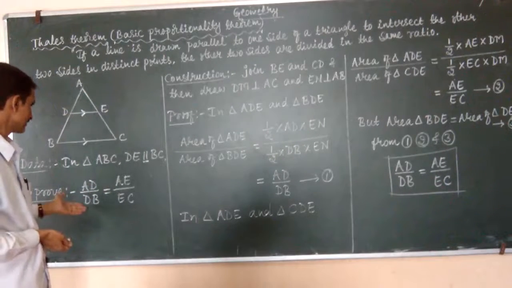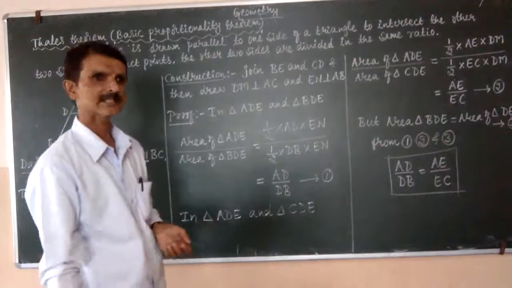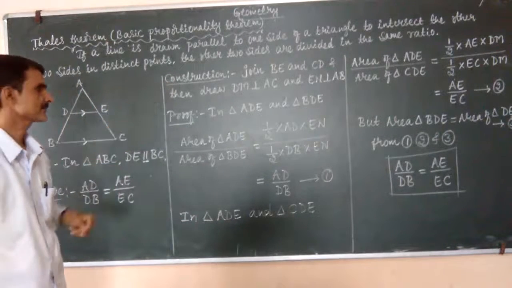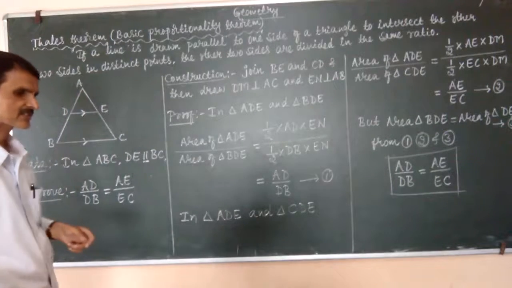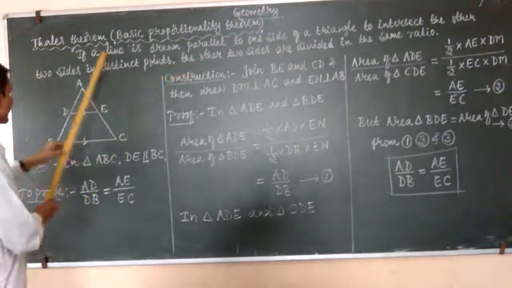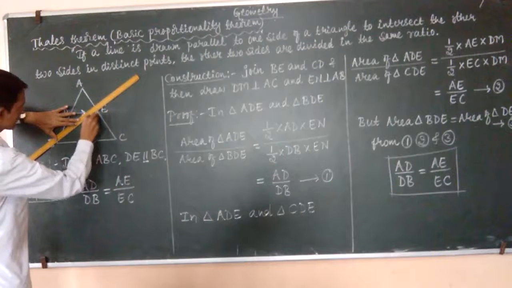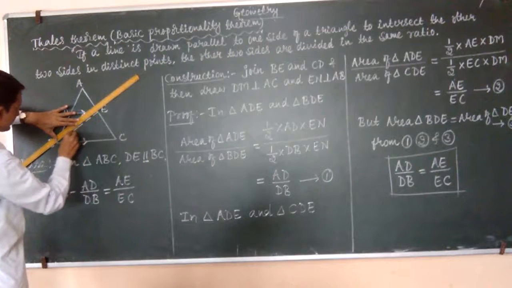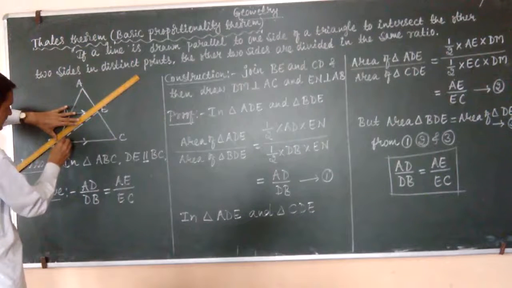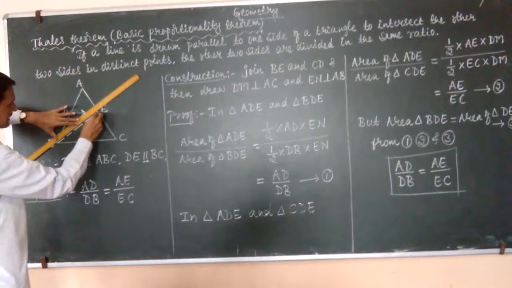We cannot prove this theorem directly. For that, we are going to make a construction. The construction is: join B and E. I am going to join the points B and E. This will be drawn with dotted lines.